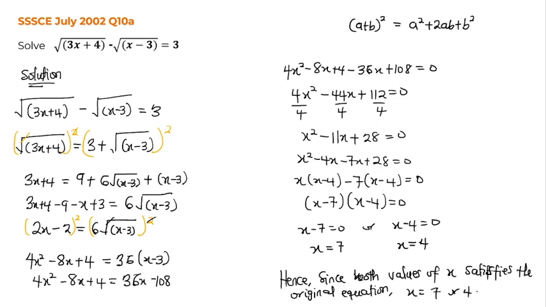So either of these two is our answer. Now, assuming one of them were not to satisfy the original equation, it means we will discard that and only take one as the answer. But since both of them satisfy the equation, both of them are the answer. So it's 7 and 4. So this is the solution for the SSSCE July 2002 question number 10A.